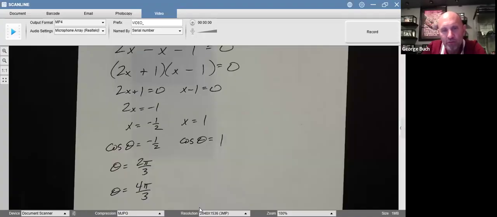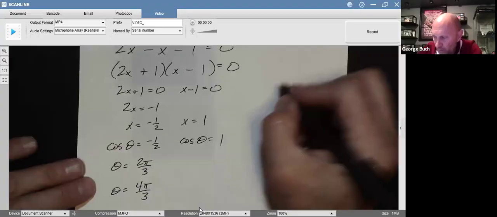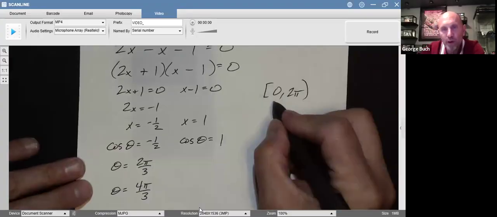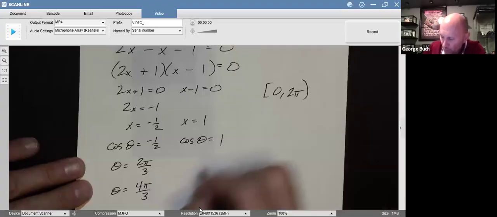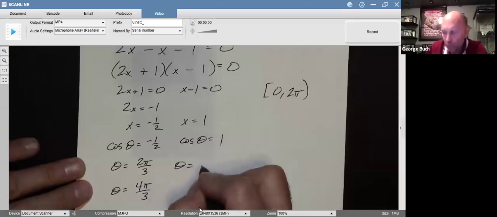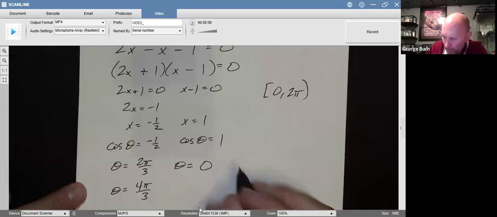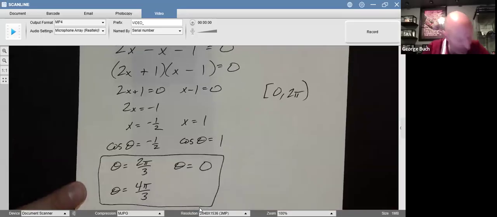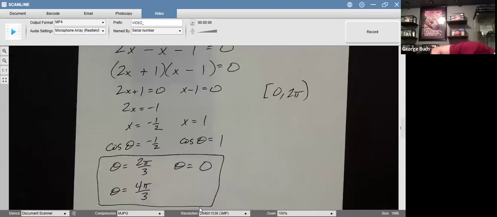Yeah, but you forgot the very starting point, 0. And not only that, we can't include 2 pi. Because remember, this was on the interval 0 to 2 pi. So 0 is included, 2 pi is not. So this would be what? Theta is equal to 0 radians. And again, these answers are all in radians in case you haven't figured that out yet. So that's our solution for that equation.